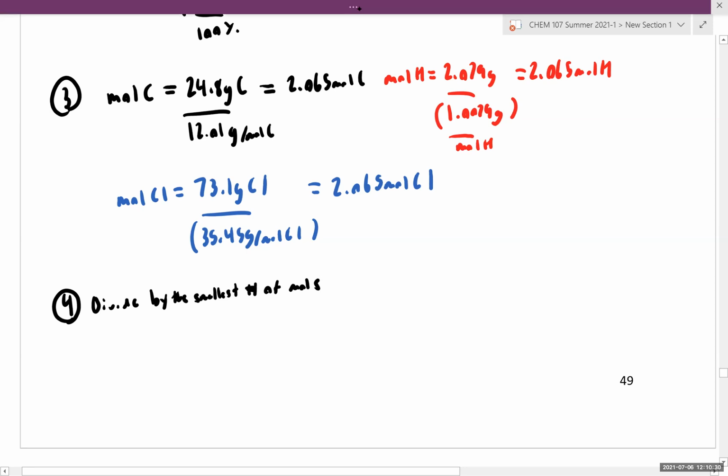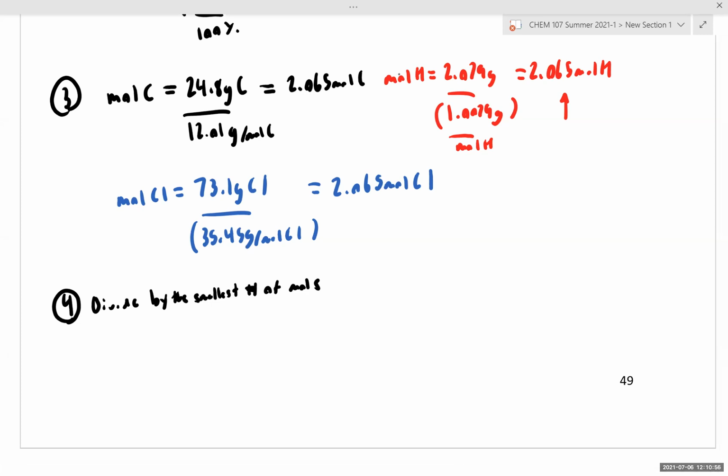So I'm going to arbitrarily divide both of my mole values by the moles of hydrogen, because the moles of hydrogen in this case is the smallest mole value, because all of these values are equal. So you really could pick any mole value. You generally want to divide by the smallest because it's the fastest way to get a whole number mole to mole ratio.